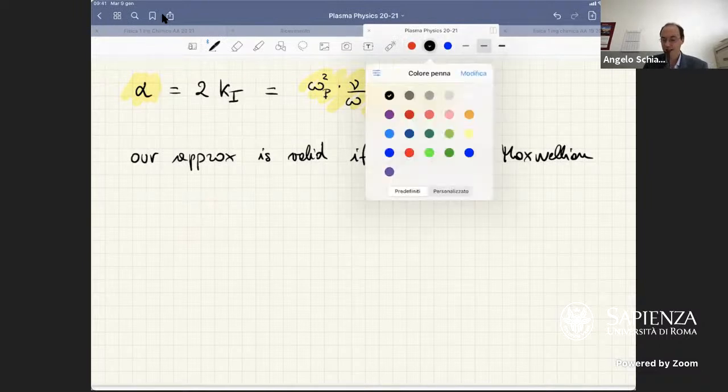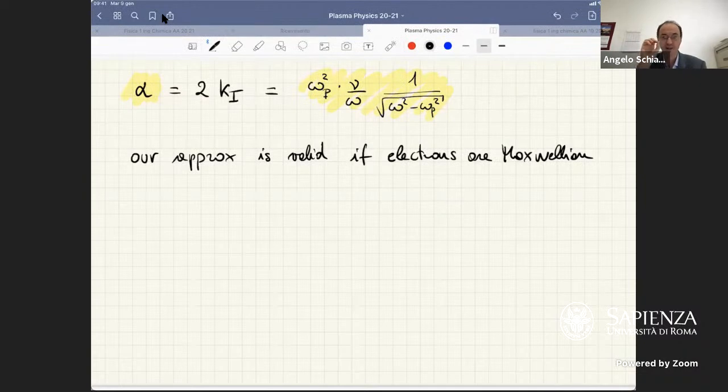It means that the time of momentum exchange, for instance energy exchange, inside the electrons is much faster than the interaction of electrons with the electromagnetic wave.